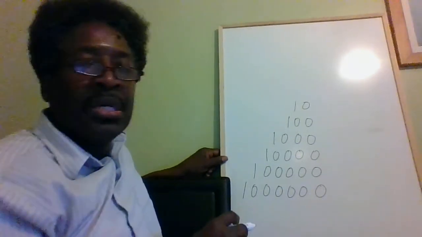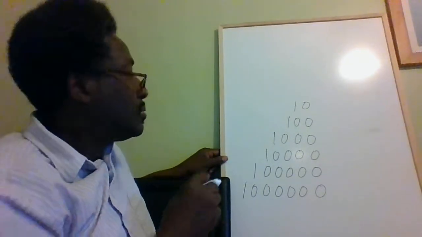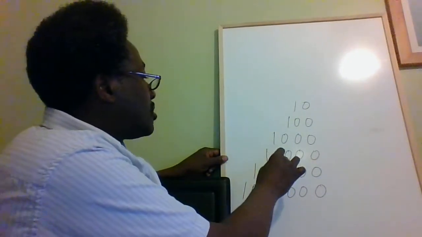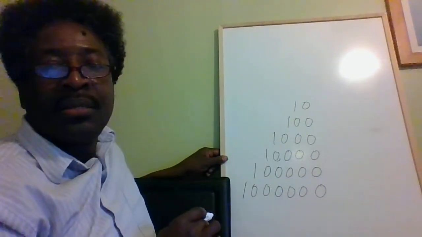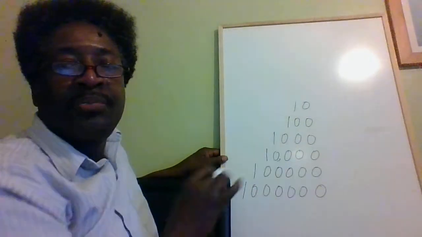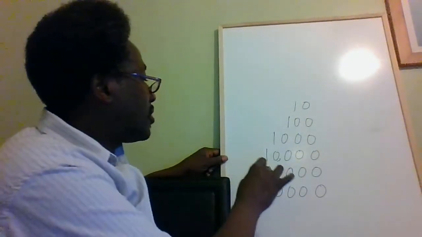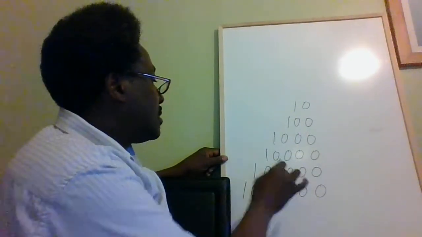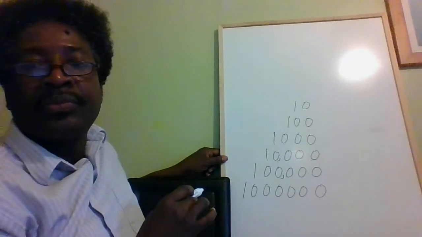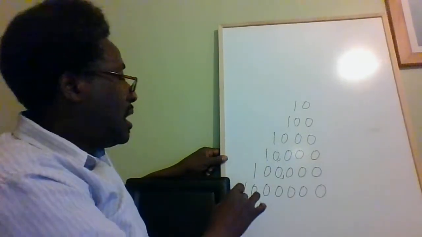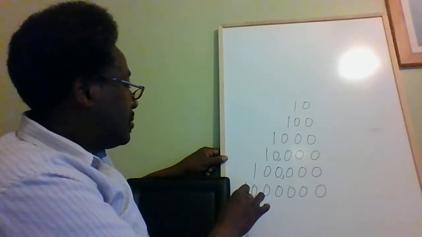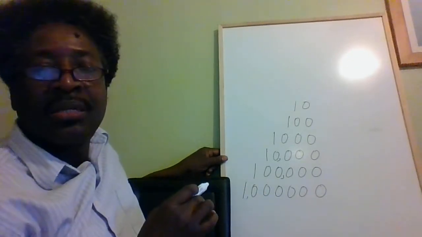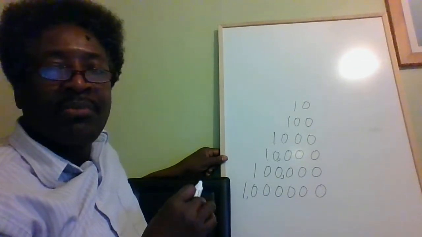Now, some people put a comma for the 10,000, after the 10, and then put the zeros. For the 100,000, they put a comma there, and for the million, maybe they put commas as well. But I don't recommend that we do that.